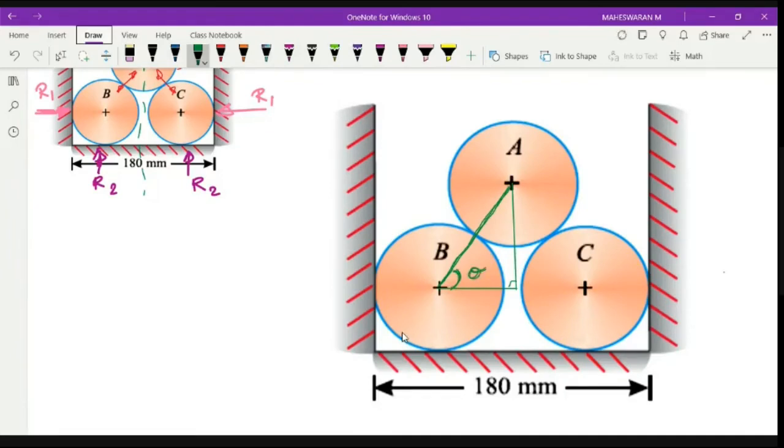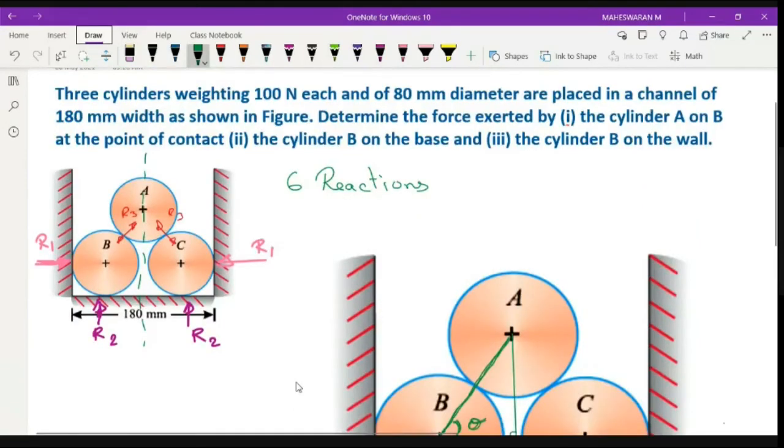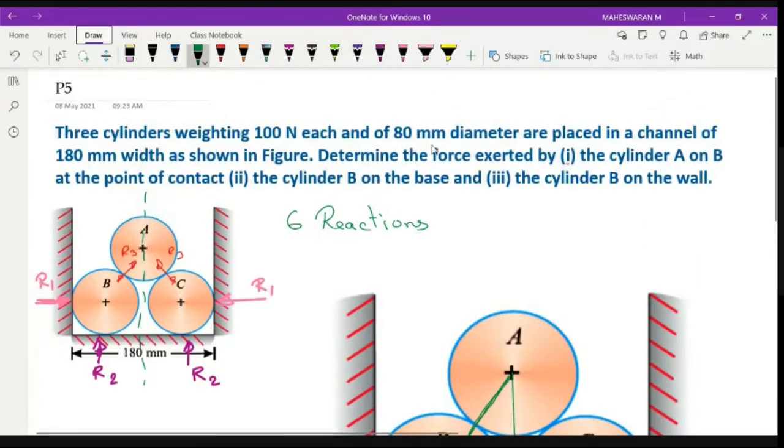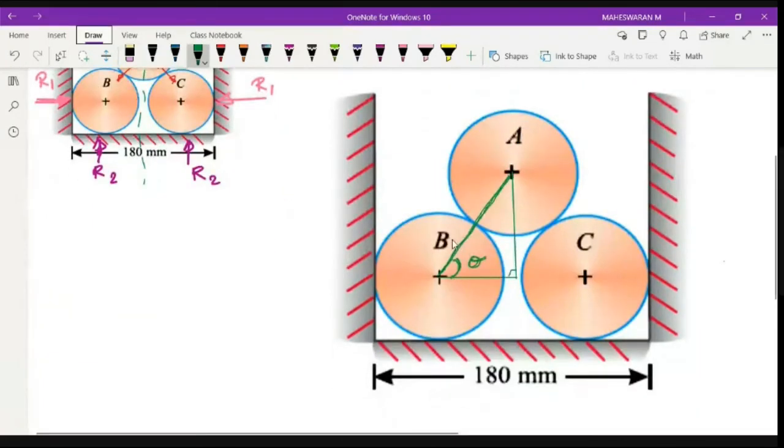So what are the things you know? Do you know the hypotenuse? Yes, sir. Where is the angle, sir? The hypotenuse is given. Because the diameter is 80, this is 40, this is also 40, totally 80. This is identified.